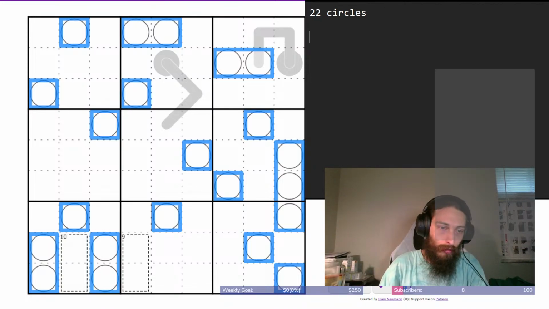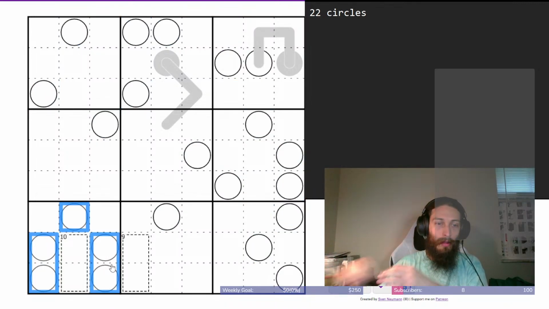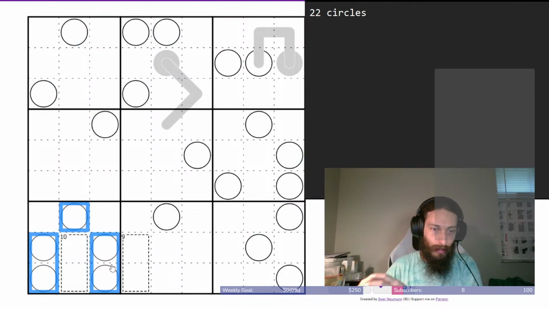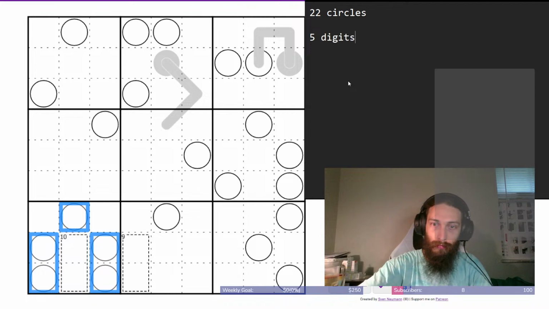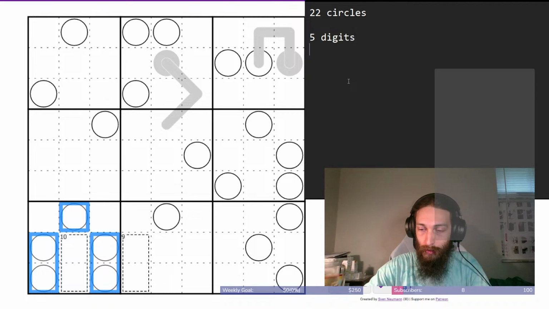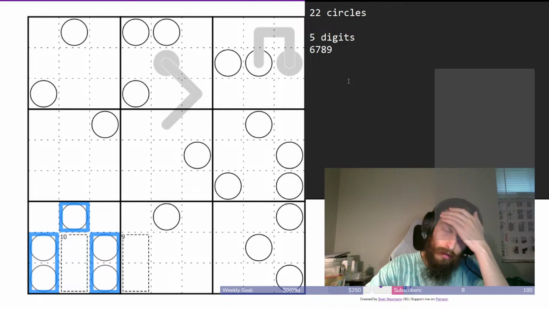And we know that from box 7, the minimum number of digits is 5 to add up to 22. So if I do 22 in 5 digits, then that could be, that is 30. So I need to subtract. Yeah, that's 35. Oh, that was 35. So 6, 7, 8, 9 is 30.